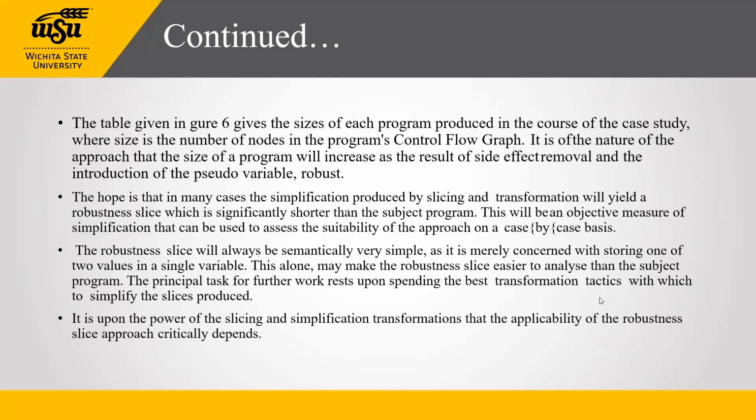This alone may make the robustness slice easier to analyze than the subject program. The principal task for further work rests upon finding the best transformation tactics with which to simplify the slice produced. It is upon the power of the slicing and simplification transformations that the applicability of the robustness slice approach critically depends.